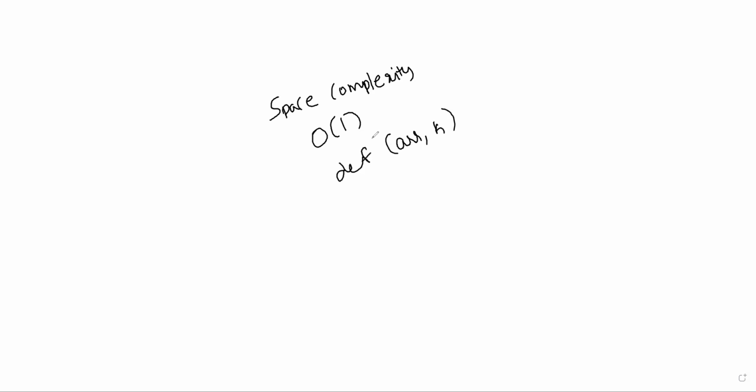Linear search just goes for n in array, if n is equal to k, returns the index. If it returns the index, we enumerate the array and return that index.